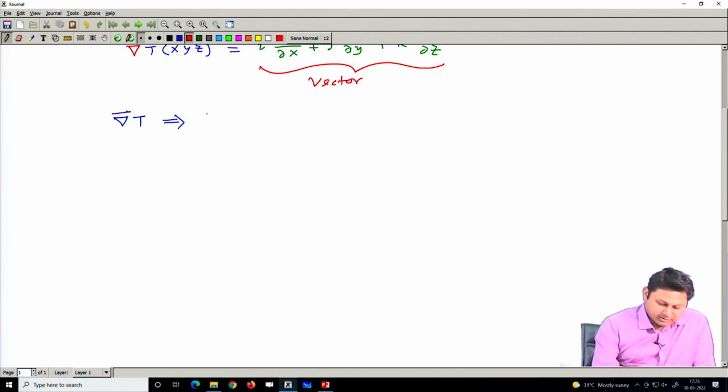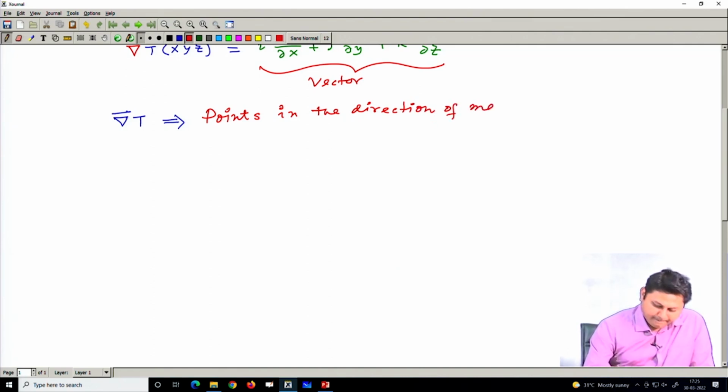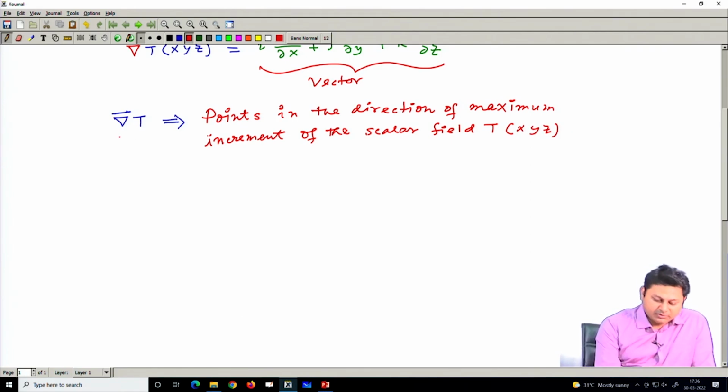This points in the direction of maximum increment of the scalar field T. So, T is a scalar field which is changing over x, y, z, and I am putting this operator over that scalar field.